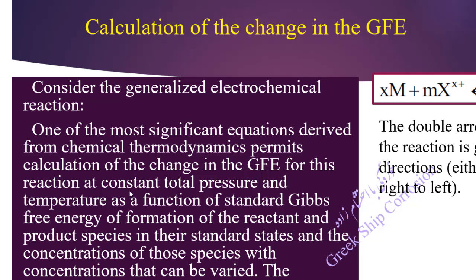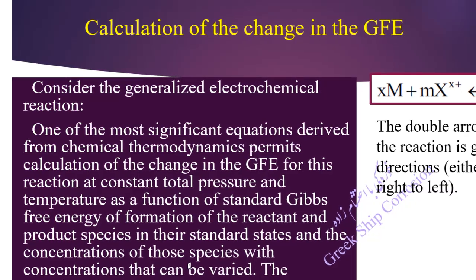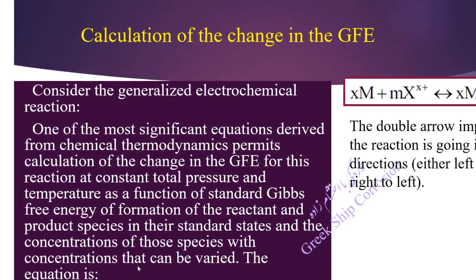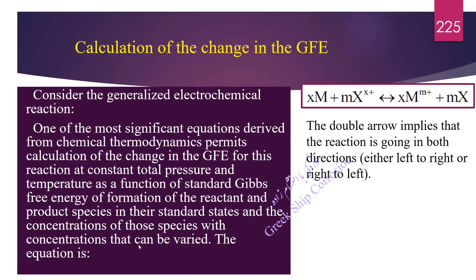energy for this reaction at constant total pressure and temperature as a function of standard Gibbs free energy of formation of the reactant and product species in their standard states and the concentrations of those species, with concentrations that can be varied.